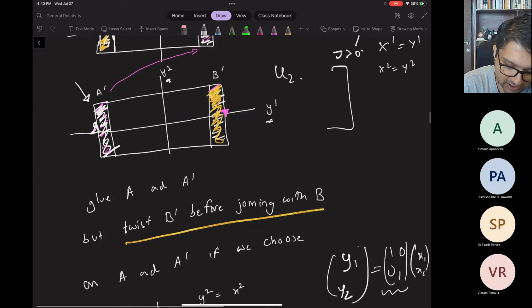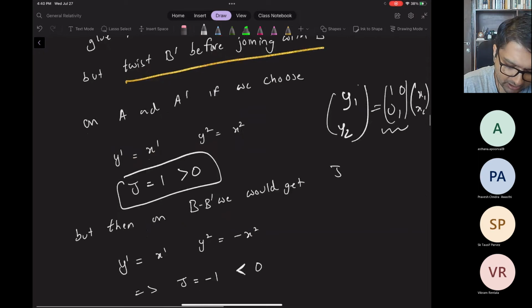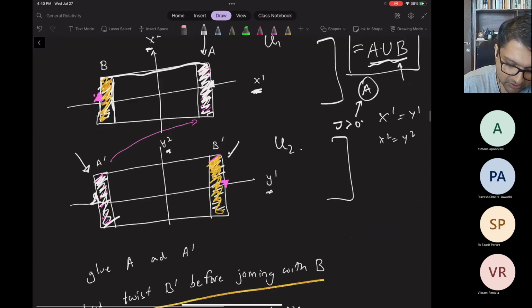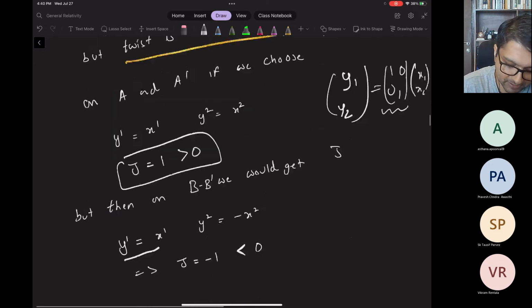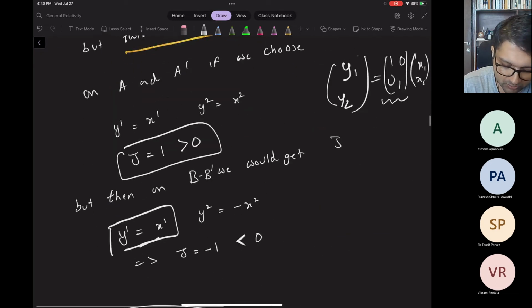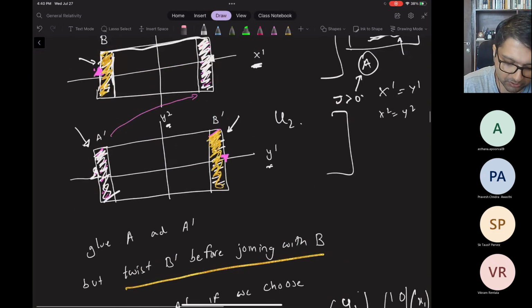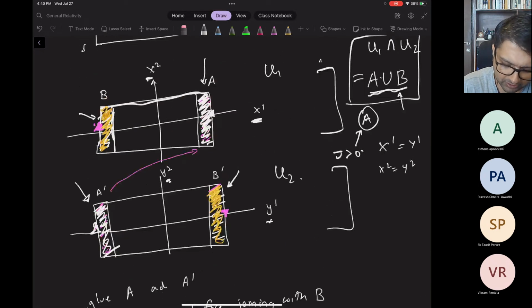So on this intersection of B and B prime, since we put a twist, what we'll get is on this patch, that is on the patch B prime or the patch B, y1 will be equal to x1, but y2 will be equal to minus x2.